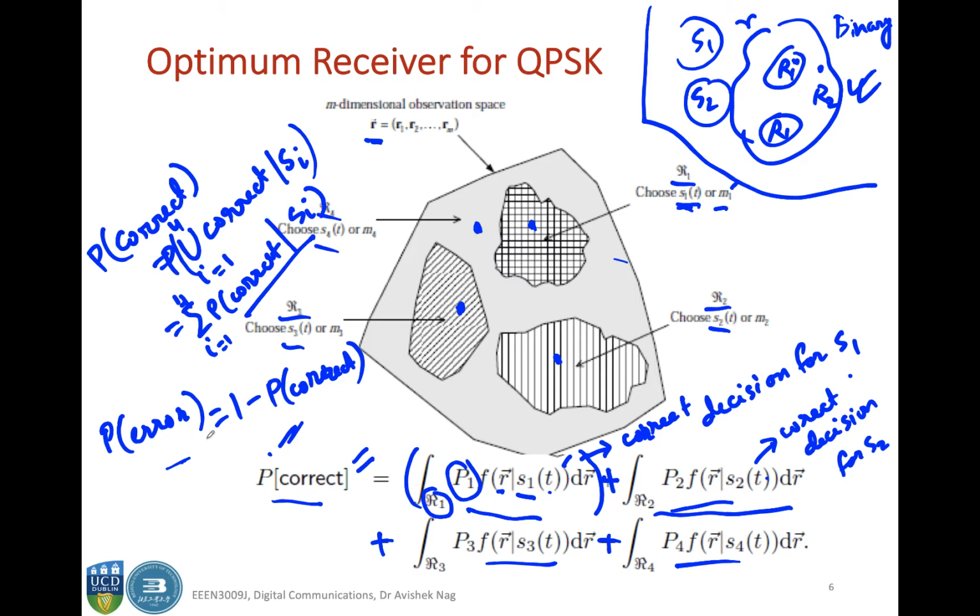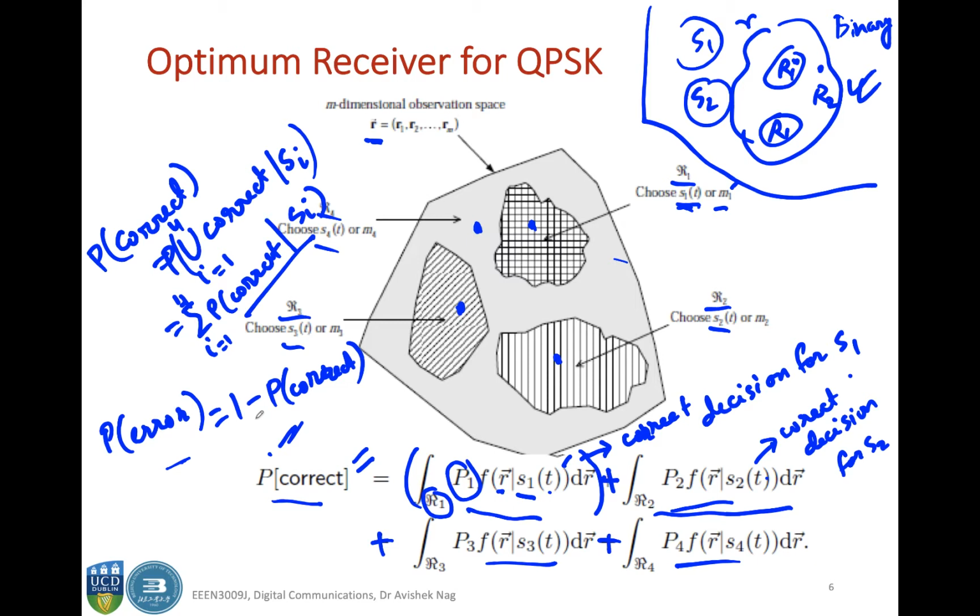So also in case of the binary, we argued in a particular fashion what will be the optimum decision rule that will minimize the probability of error. From that argument we found that if a certain condition is met, if something is greater than something, then we decide a 0 was transmitted.